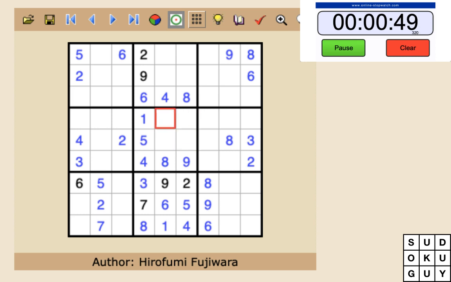What's missing here? 2, 3, 6, 7, 9? Well, 2 has to go there, 3 has to go there, and 7, 6 that way. This column's missing 3 and 5. This column's missing 1 and 7. I'll pencil mark it. This row is missing 1 and 9, I do believe.